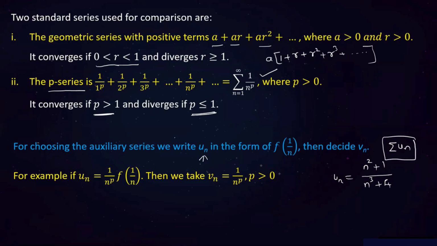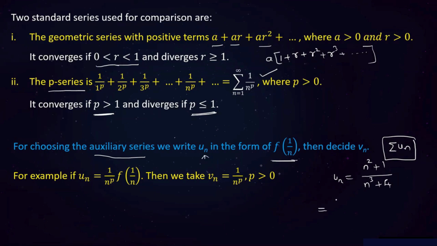What he is suggesting here is that, when you are trying to find the sum of this series to determine its convergence, we need to select an auxiliary series by writing this un in the form of a function of 1 by n. In simple terms, to get a function of 1 by n here, we need to take the highest degree common from this term, from both the numerator as well as the denominator.